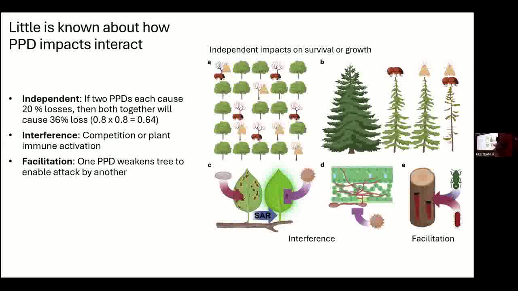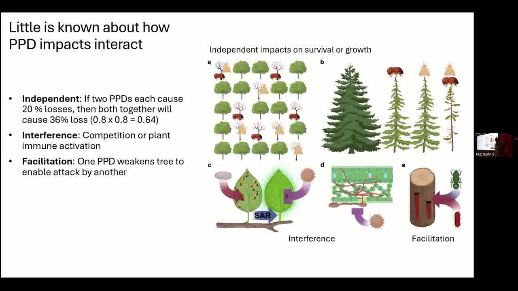We can also imagine a situation where they don't kill the trees, but they just reduce the production by a certain fraction, let's say 20% again. And if they act independently on the tree, again, you would get a 36% loss of production. Again, this is a thought experiment. It's not the real situation. We don't know what that is in most cases. So that's an independent effects situation.